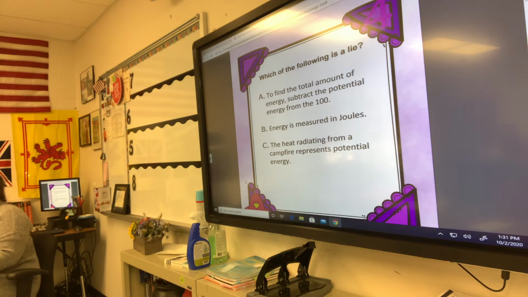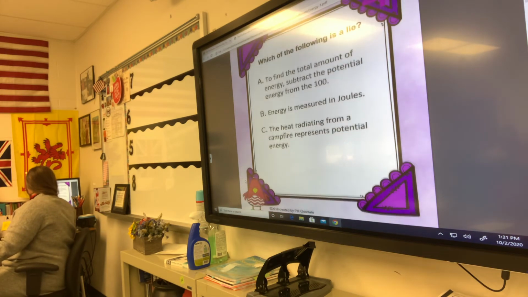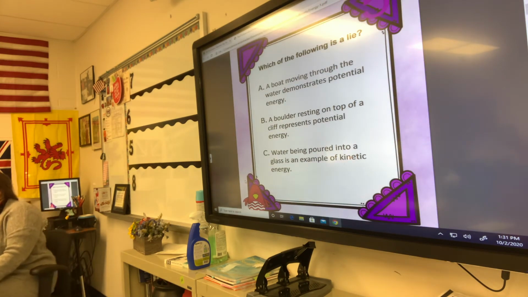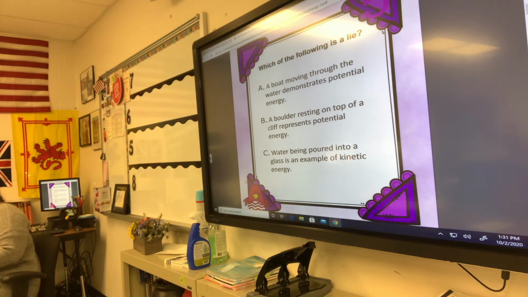Okay, are you ready for number 5? Alright, which of the following is a lie? A, a boat moving through the water demonstrates potential energy. B, a boulder resting at the top of the cliff represents potential energy.